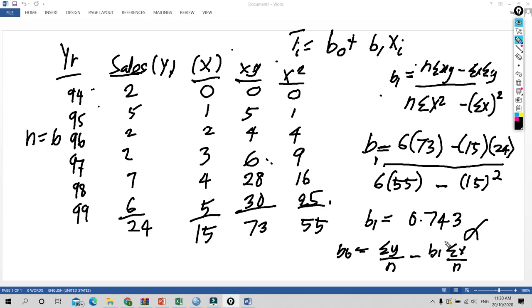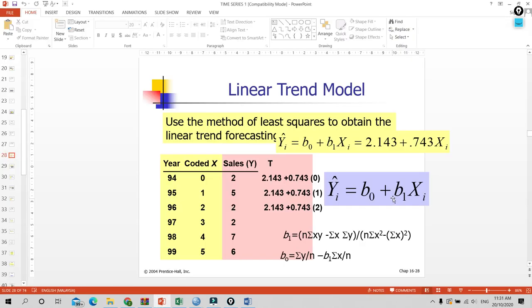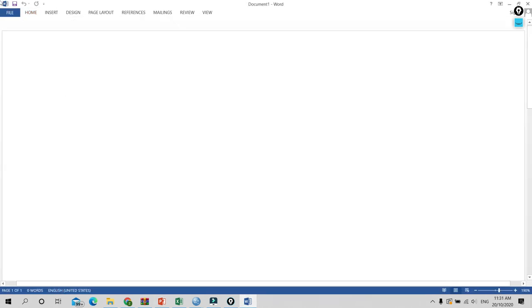Now if you solve here, this b naught is equal to the summation of y, which is 24, divided by n, which is 6, minus b1, which is 0.743, multiplied by the summation of x, which is 15, divided by 6. So the answer here is 2.143.